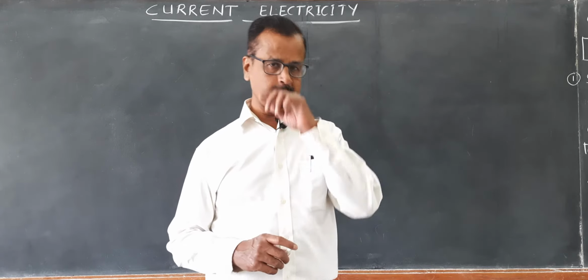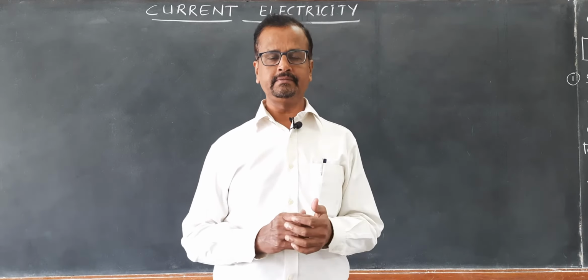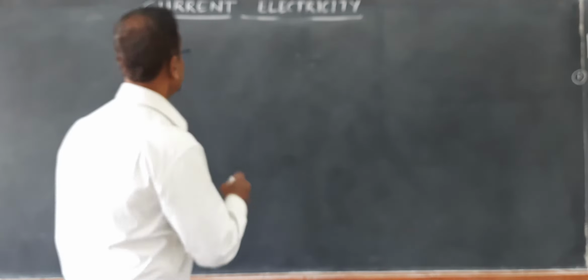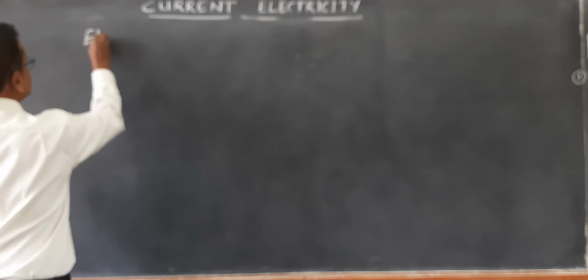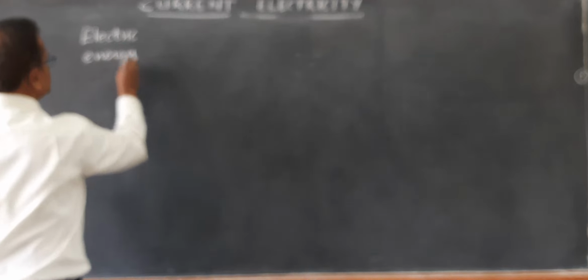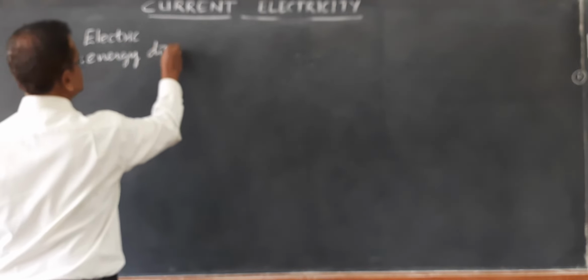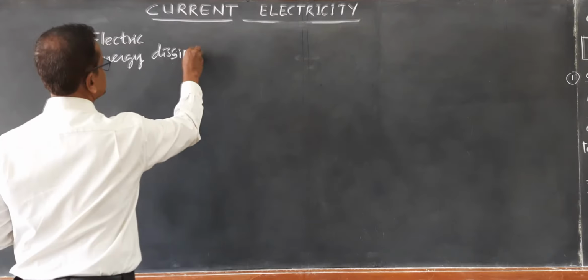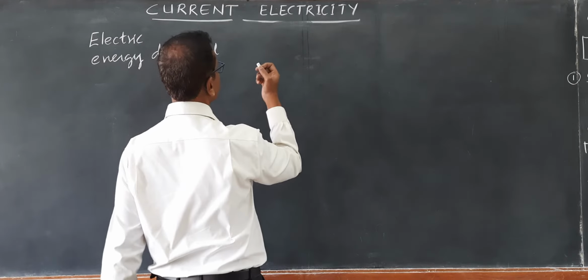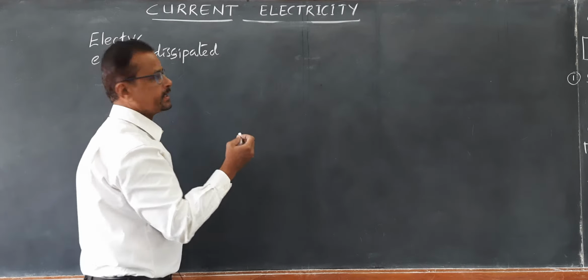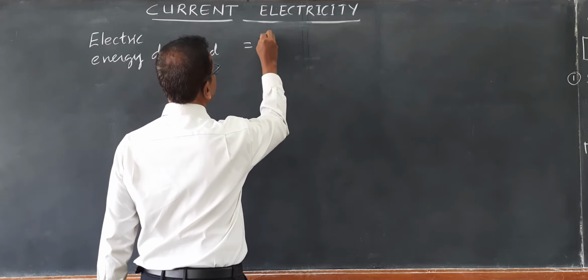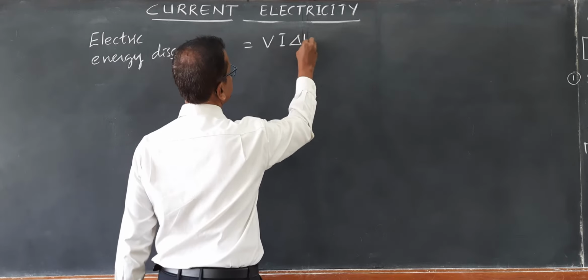Yesterday we discussed electrical energy and power, electrical energy dissipation and power dissipation. If you remember, electrical energy dissipated through a device of resistance R when voltage V and current I are maintained is VI delta T, right?